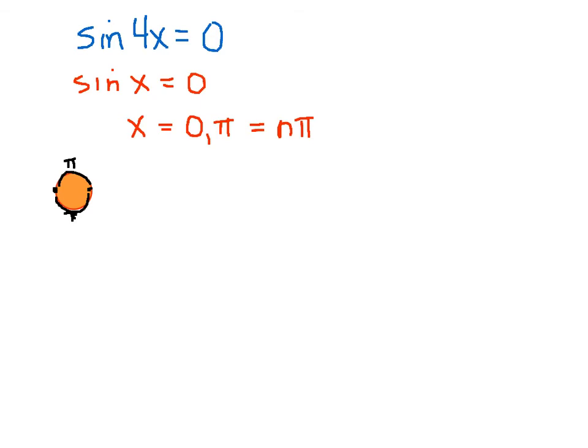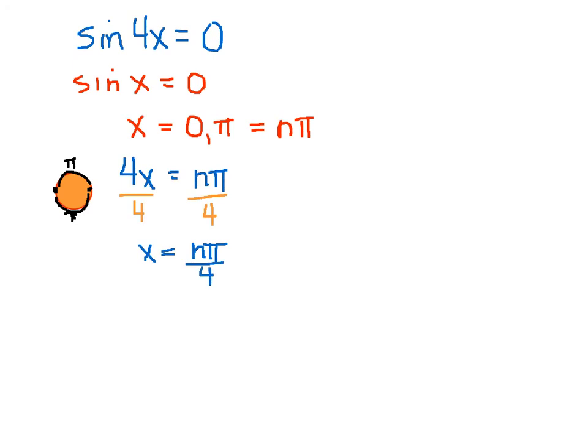What we really have, though, is 4x equals n pi. If we divide both sides by 4, you get x is equal to n pi over 4.